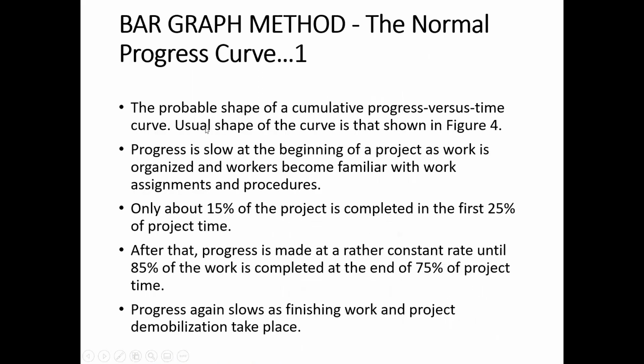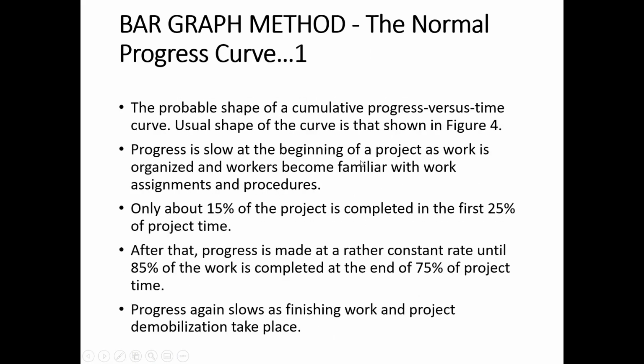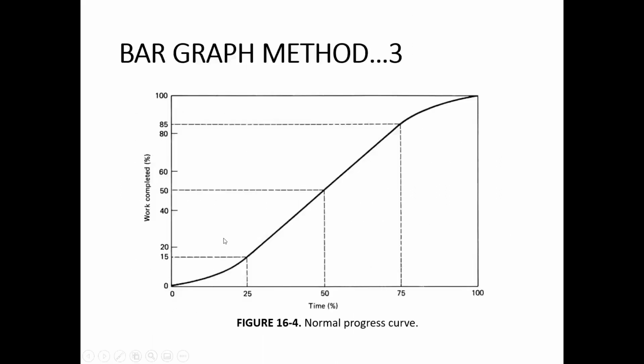The probable shape of the cumulative progress versus time curve is shown in figure 4. The progress is slow at the beginning of the project as the work is organized and the workers become familiar with the assignment and the procedures. As you can see, the progress is slow at the beginning because workers are coming on the project and becoming familiar with it.